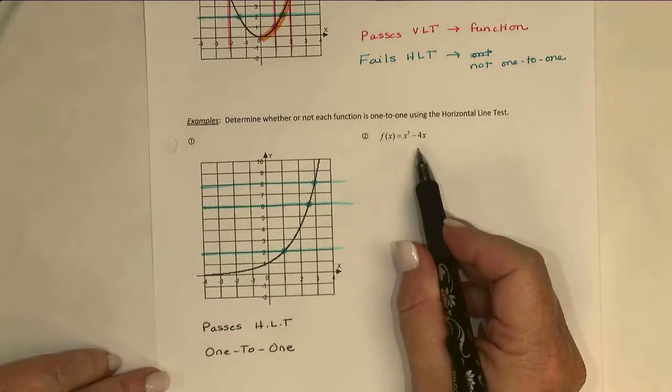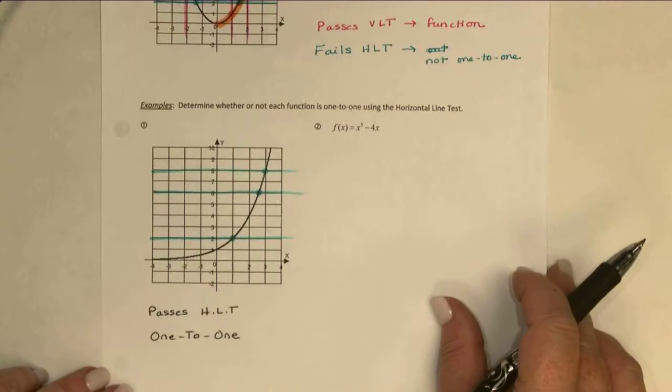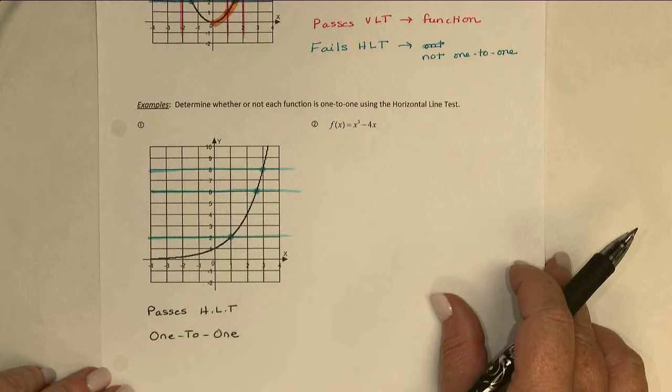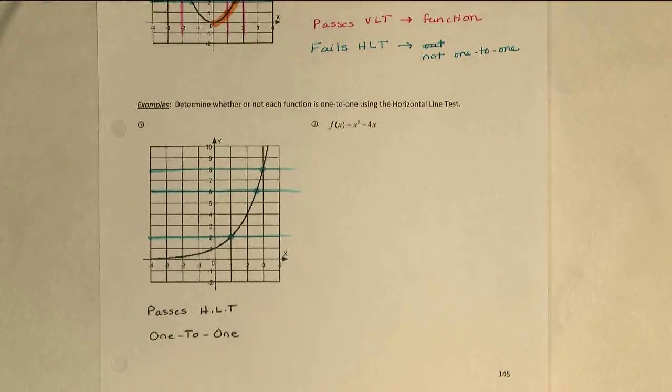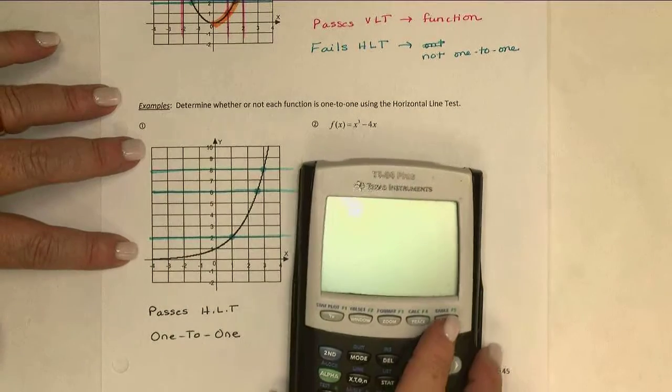All right, what if I give you the function in its formula form rather than its graph form? Well, this is a lot harder to deal with when we're trying to determine if it's one-to-one. So my recommendation on these is to simply graph them on your calculator.